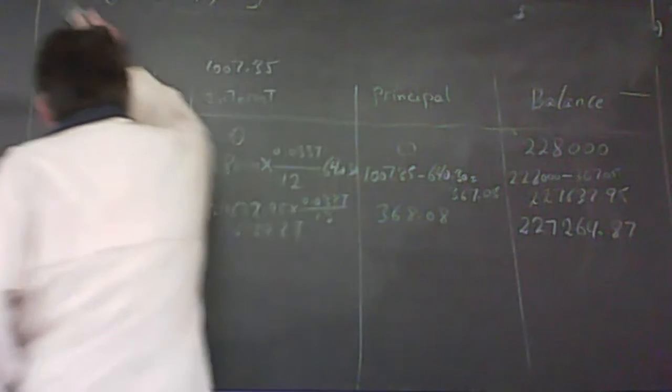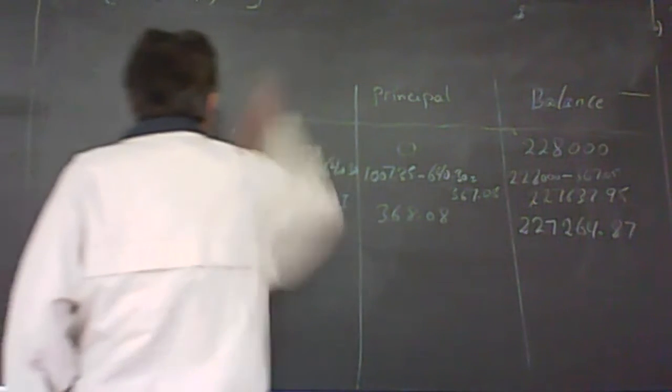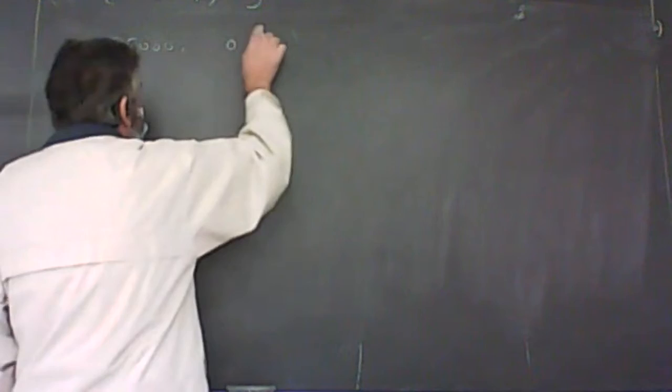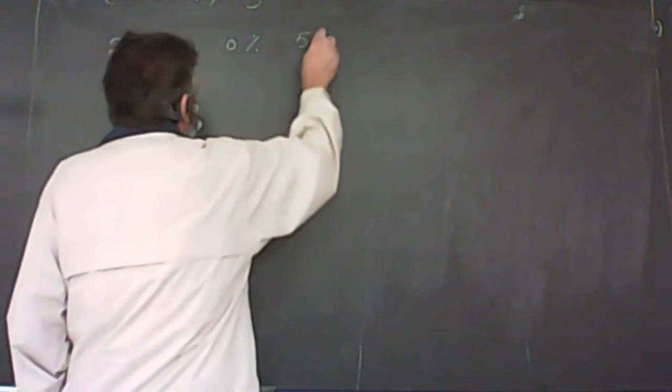Let's take a look at this scenario. Says you wanted to buy a car. That car cost $25,000, advertised for $25,000, 0% for 5 years.